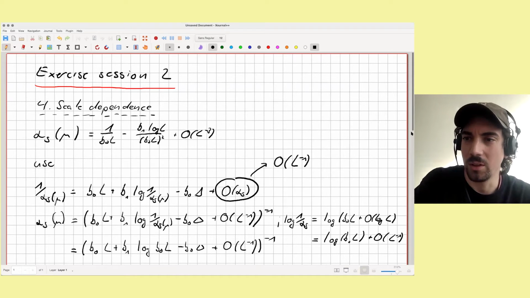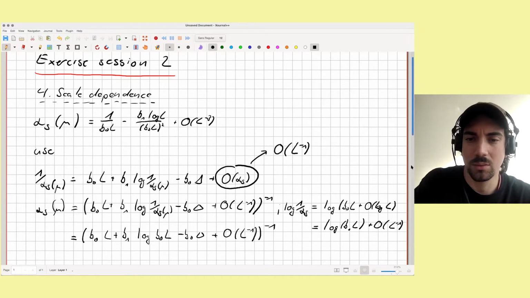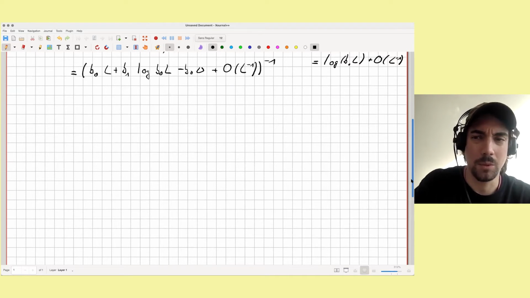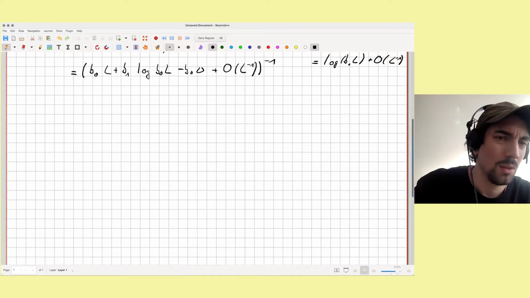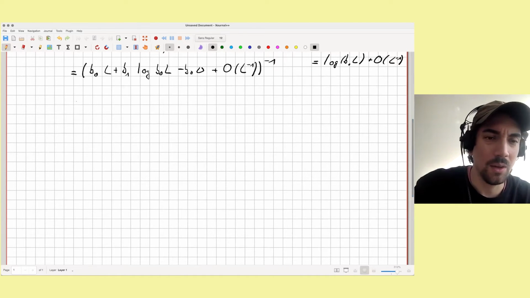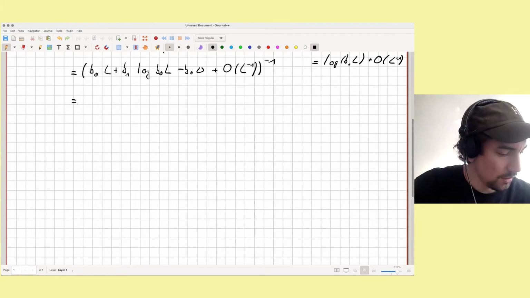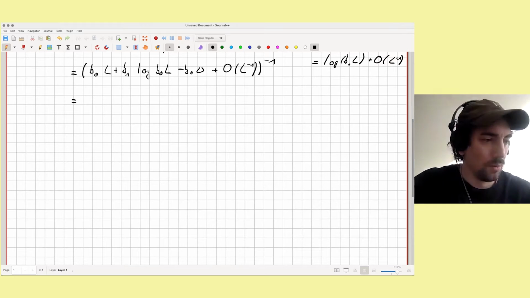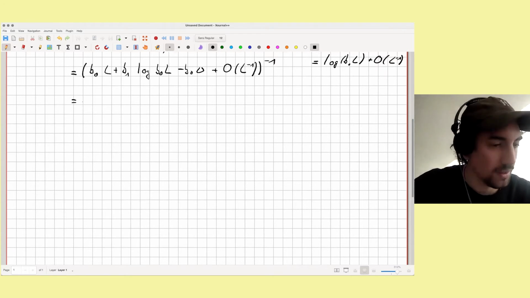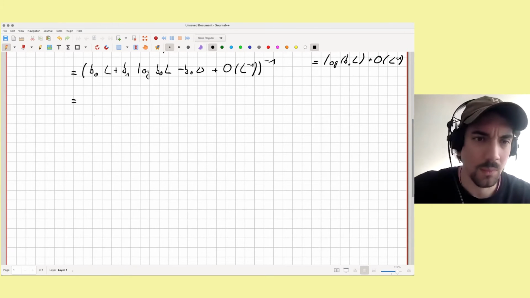So let's move to the bottom of the page. All right, and so here we can now expand this in L for large L. And if we do this, we then find that this is just the following expression here, which is already pretty close to what we wanted.